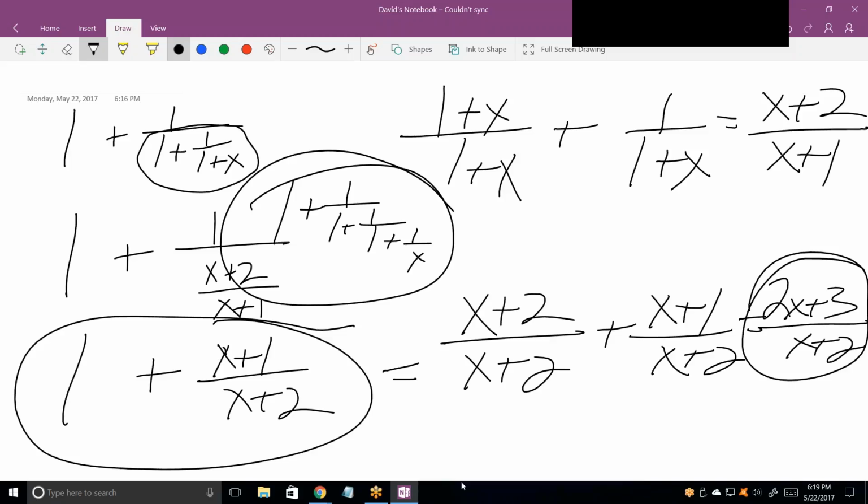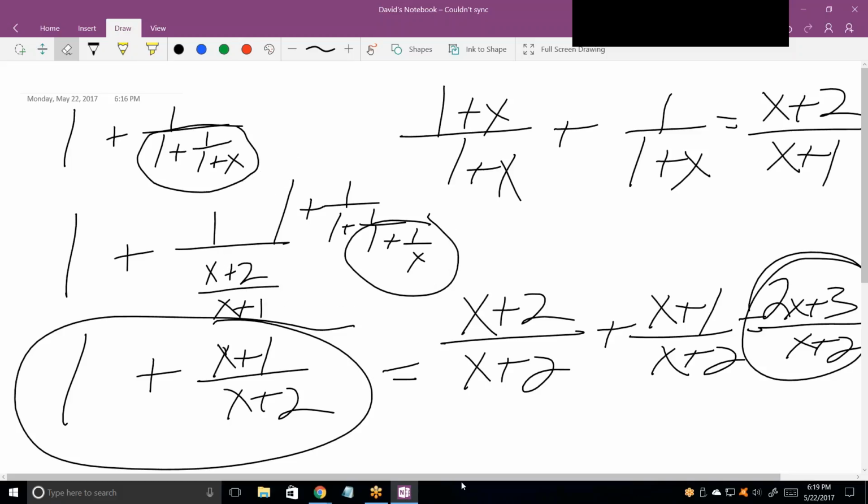You start from the inside and you work your way up. As long as you do it that way, then you'll never be dealing with anything more complicated than that. And you know how to do these really well. So just, it's like nested parentheses.